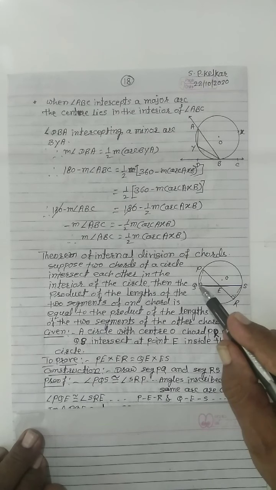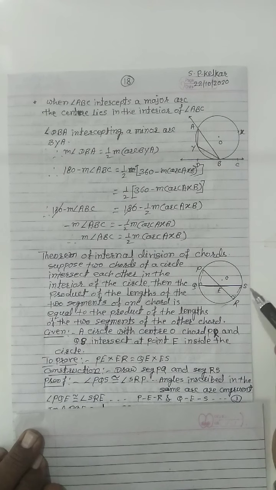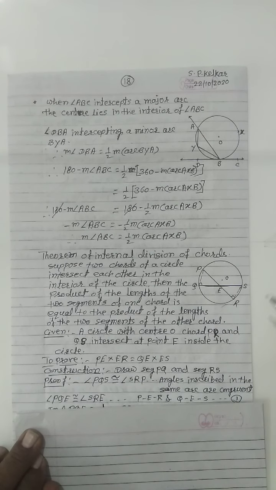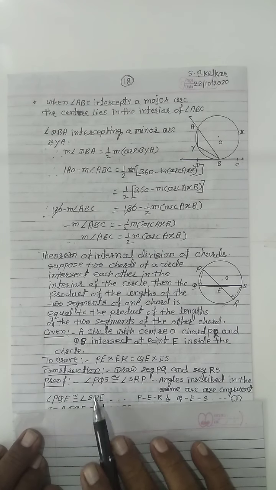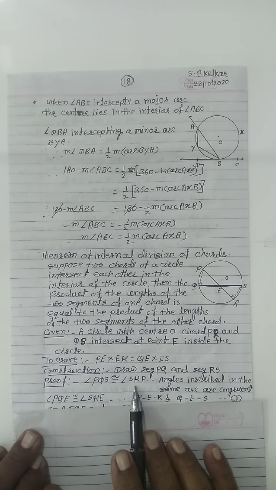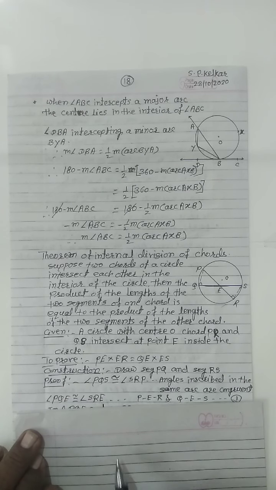See, this angle is inscribed in this arc, and this angle is also inscribed in this same arc. So the measure of these two angles is the same. We can write angle PQS congruent to angle SRP. Angles inscribed in the same arc are congruent.